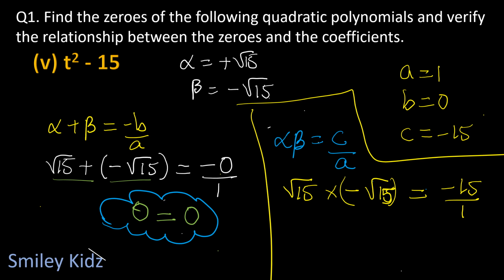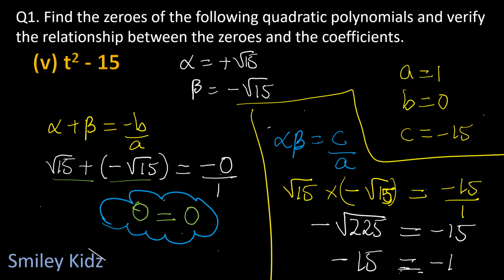It is nothing but minus root 225, equal to minus 15, isn't it? And what is minus root 225? It is nothing but minus 15. So minus 15 is equal to minus 15. So this is how we have verified the relationship between the product of the zeros and its coefficients. And then we're done.